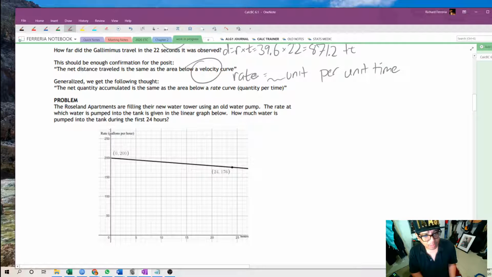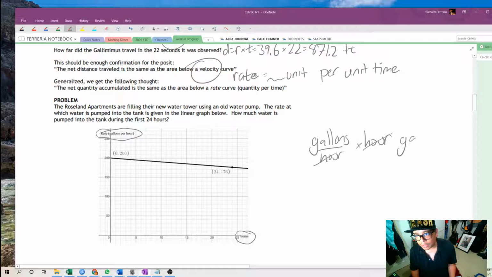Notice that the rate is in gallons per hour, and the unit for time is hours. So whatever area I get, we're going to be multiplying gallons per hour multiplied by the unit of hour, and our answer is going to be in gallons.